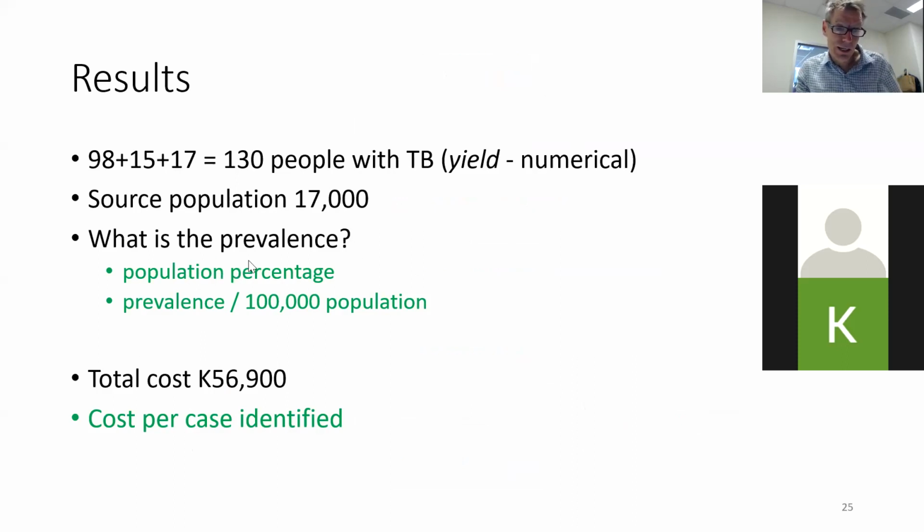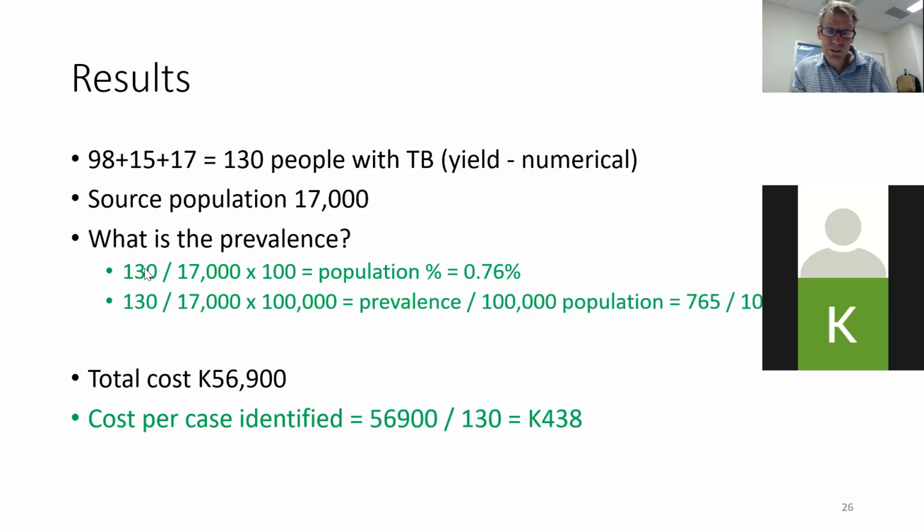Remember, prevalence is a percentage within the population at a given point in time. Usually when we talk about the prevalence of TB, we talk about it in terms of TB cases per 100,000 population. In this study, they looked at 130 people out of 17,000, and you can work out the prevalence: 0.76%.